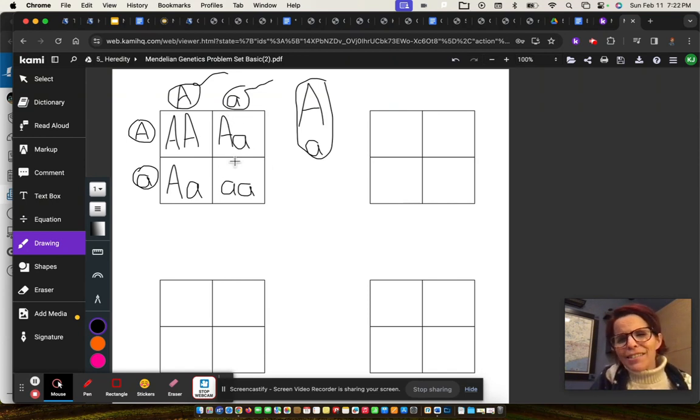Now, another thing that I'll say off to the side is that with one couple, the odds really aren't relevant. It's like flipping a coin twice and saying, oh, you're going to get heads 50% of the time and tails 50% of the time. I could get two heads and beat the odds very easily. It's not until you look at hundreds of coin flips that we really see, oh, sure enough, 50% are heads and 50% are tails.